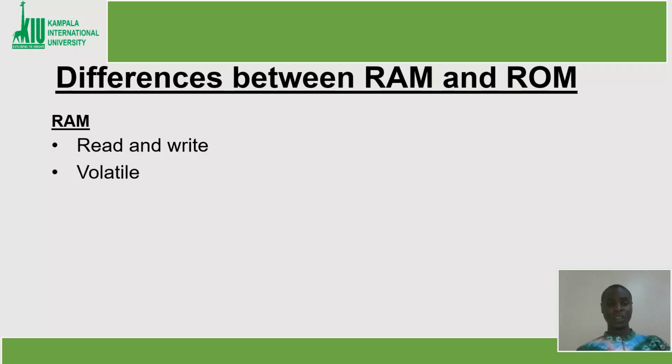Next, it is volatile, which means it can lose its content when power is switched off. Next, it is user defined, which means its contents come from the user. RAM can be edited or increased, which means the content on RAM can be added or subtracted.